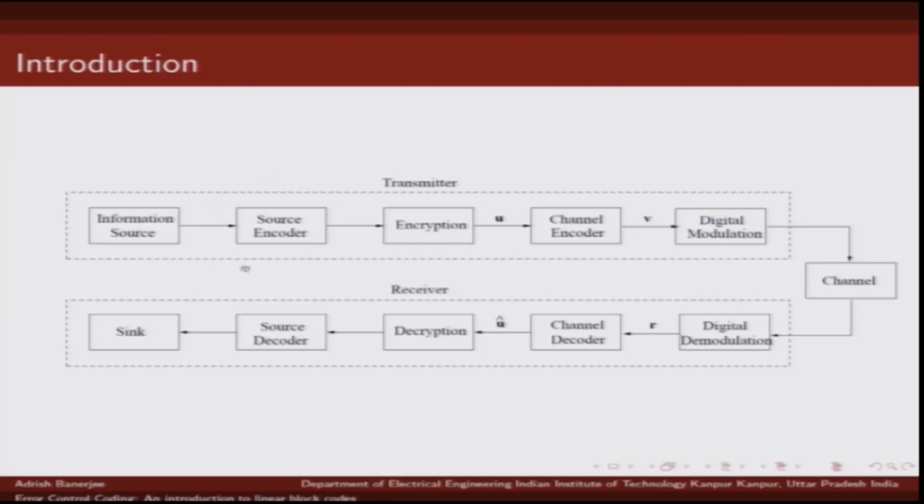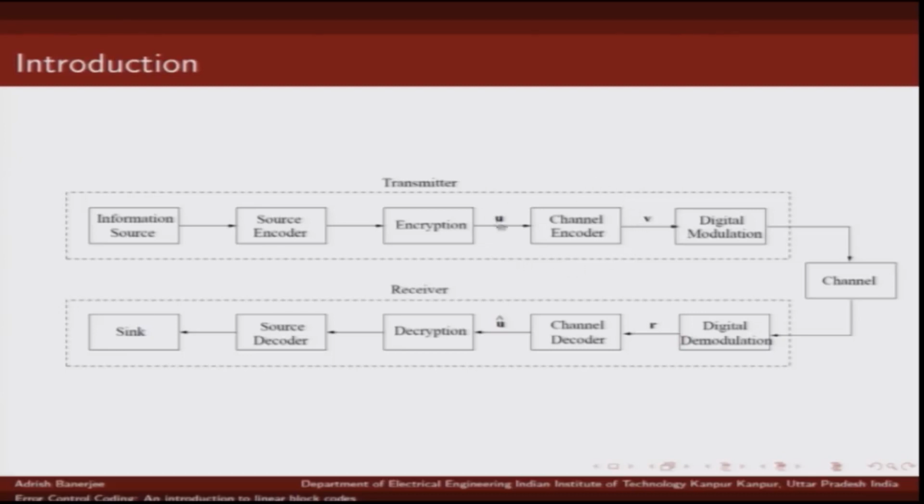That is basically done by this block, the source encoder. Once you have compressed your source, the next block is data encryption. This is for secrecy. The next block, which is of our interest here in this course, is what is known as the channel encoder.